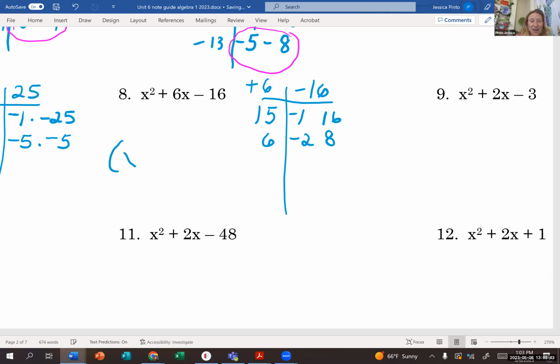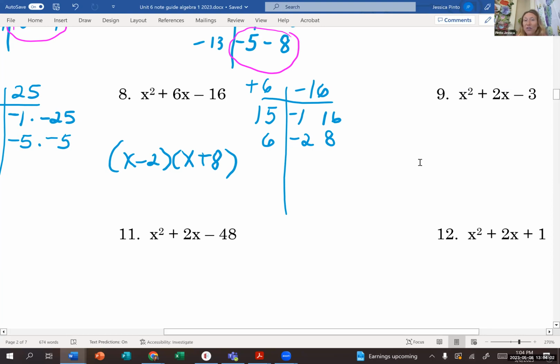So x minus 2, x +8. So as you can see, using the chart really helps us find the numbers when we go systematically. The reason we do that is so that we don't leave out a factor, and we are bringing to mind all the factors that work. Have fun working through these, and you'll have some practice in IXL.